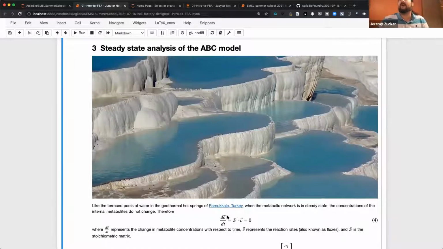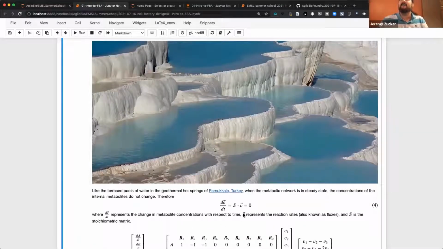So if C is the concentrations of the metabolites, and the concentrations do not change, then we're in steady state. So dC/dt is the change in metabolic concentrations with respect to time, and V represents the reaction rates, also known as fluxes. And S is the stoichiometric matrix that we showed above.